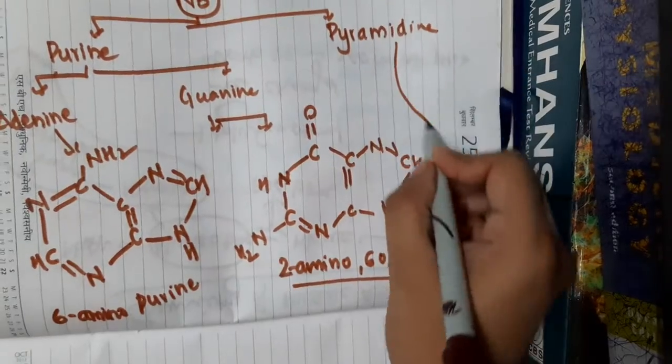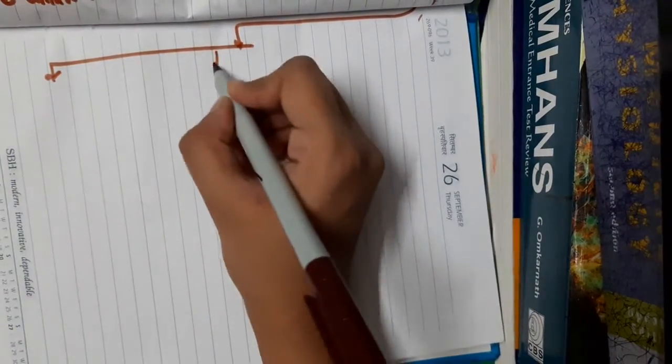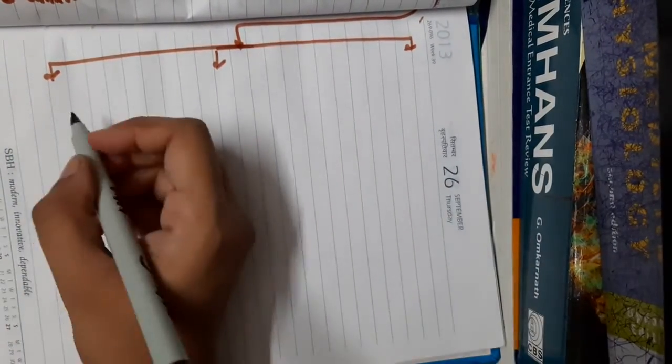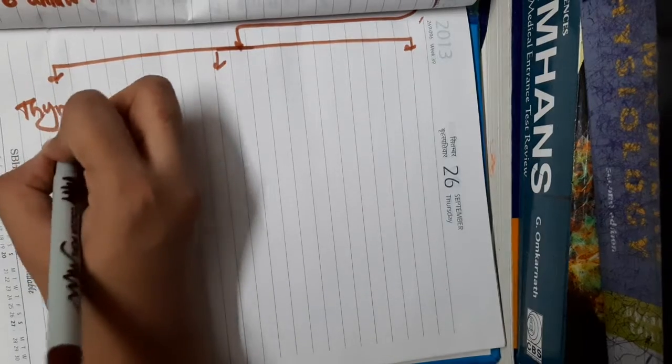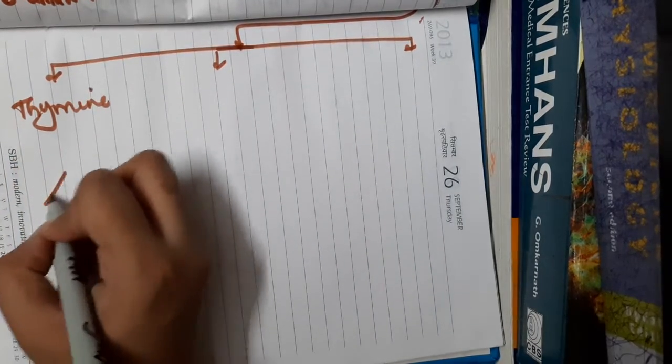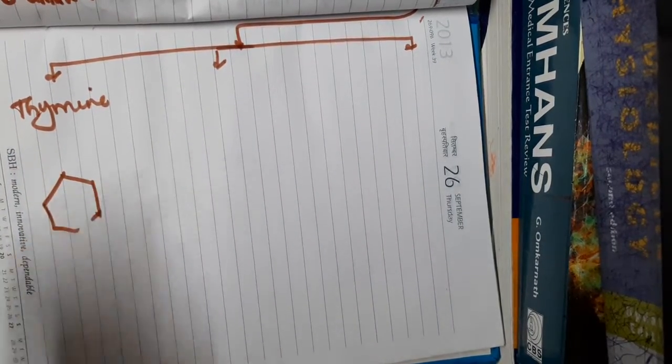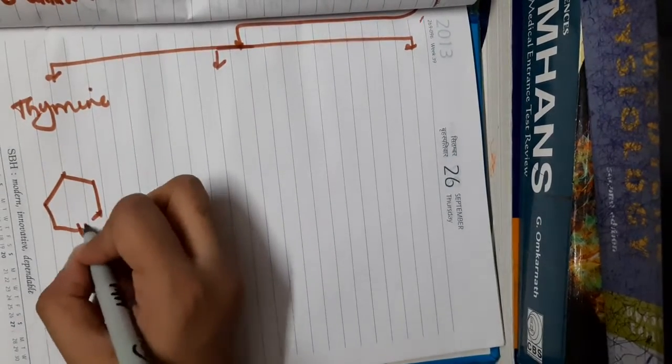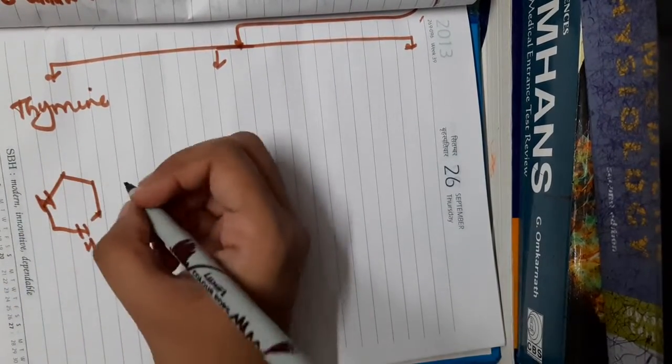Now what about the pyrimidines? I will draw pyrimidines on the next page. Pyrimidines are divided into 3 types. One, we have thymine. In thymine, first we have a pyrimidine molecule. This is nitrogen, right?